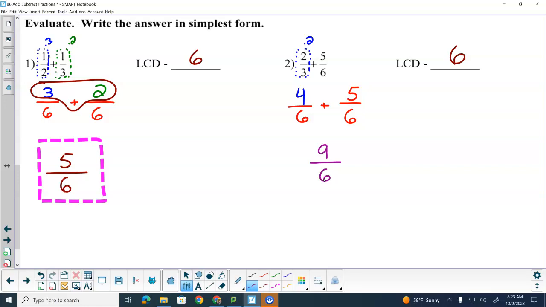What's another reason why I don't like 9/6? We don't like it because the top is bigger than the bottom, for one. What's the other thing?